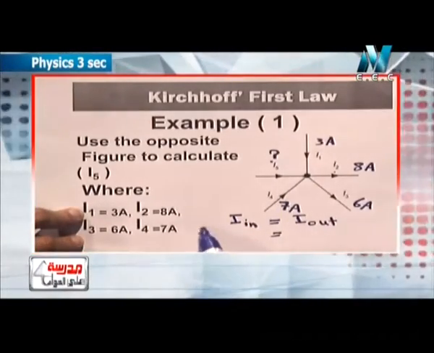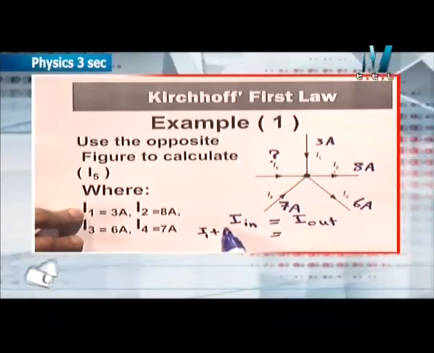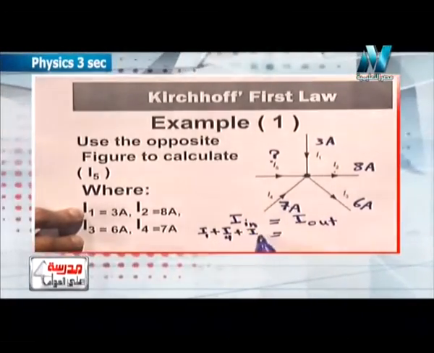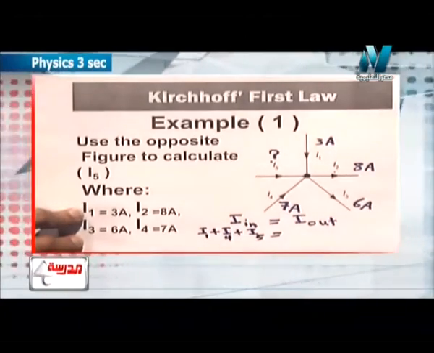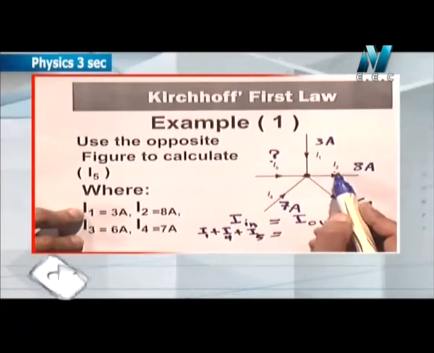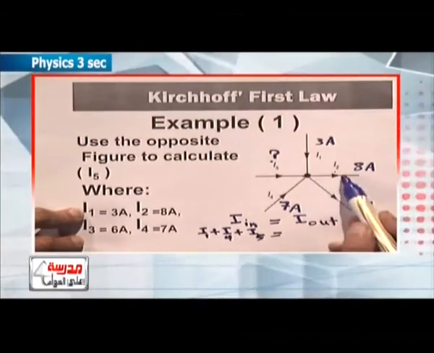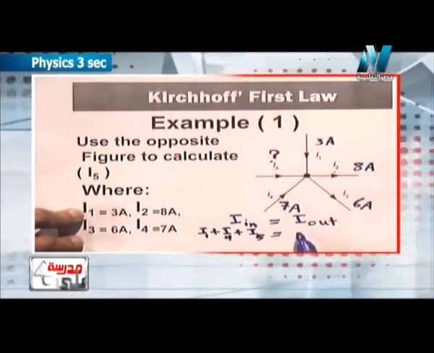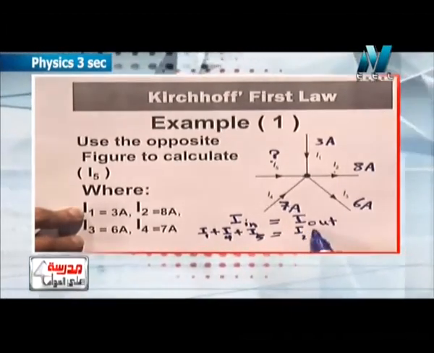So I1 plus I4 plus I5. The right side, I out. According to the figure, I2 and I3 go outside from the node. So here I2 plus I3.